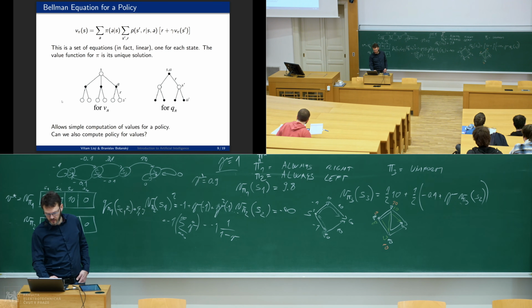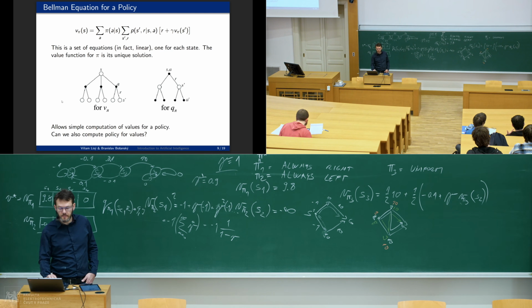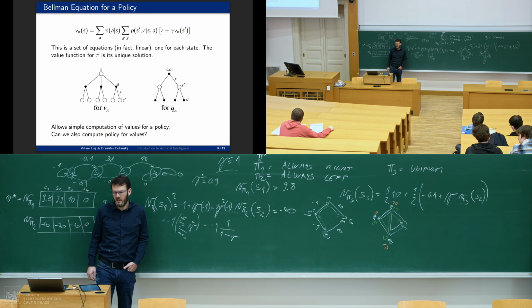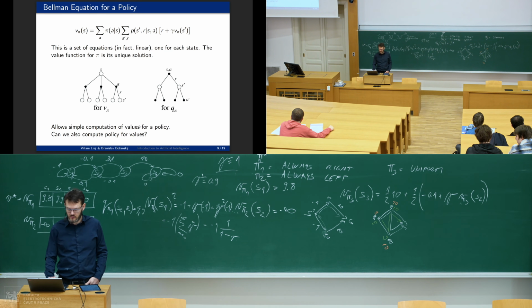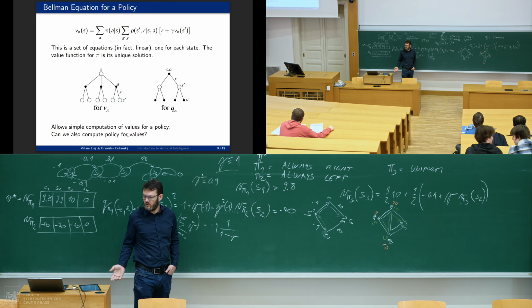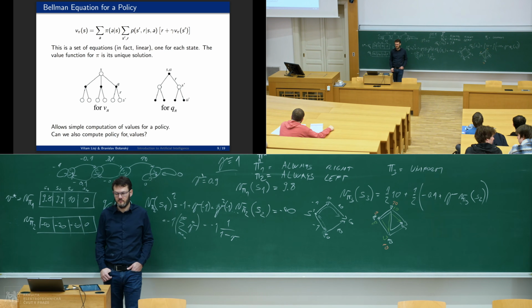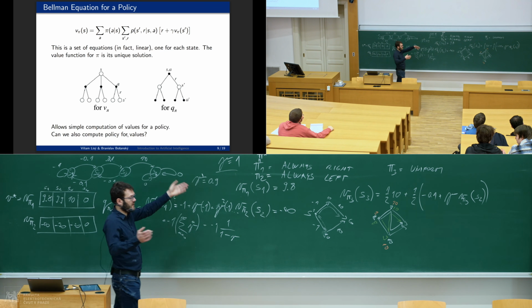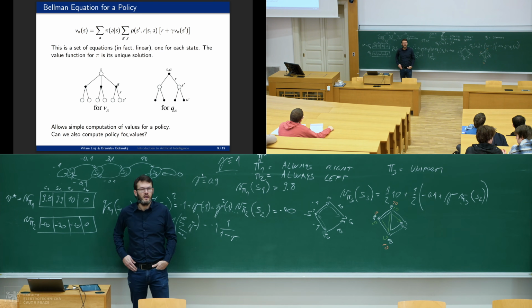So this allows us to simply compute the values for a policy, right? That's an important task. Can we use it the other way around? Can we give it a policy and give it values and want to compute a policy? Right, based on some kind of mechanism, we computed the value function, and now we want to compute the policy.